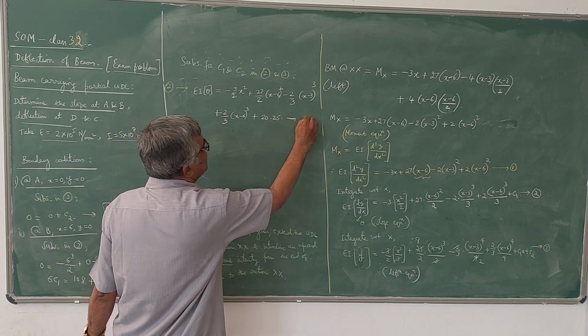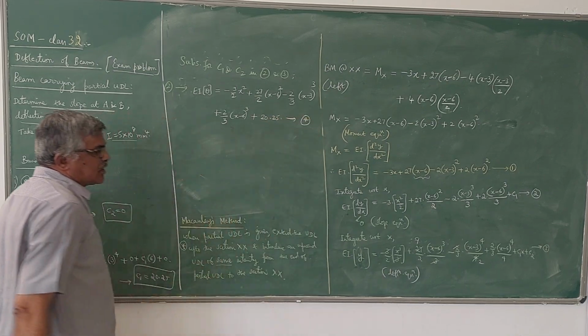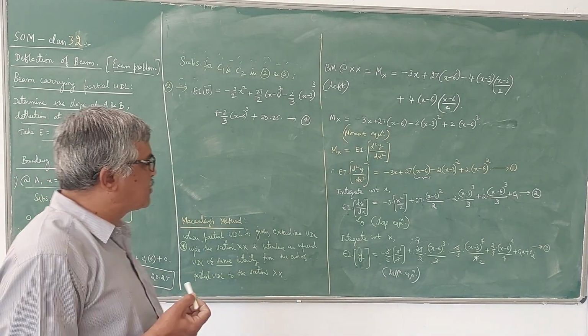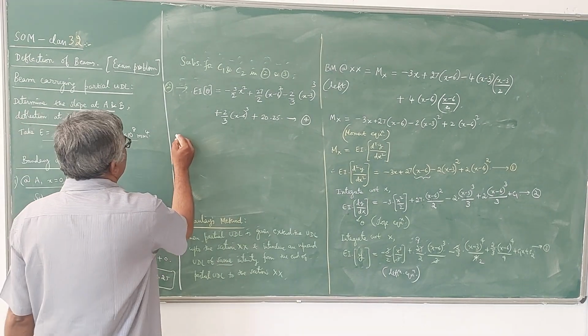This equation I call it as equation 4. This is the general slope equation. So by putting values of x, you can get the values of slopes at different points on the beam.